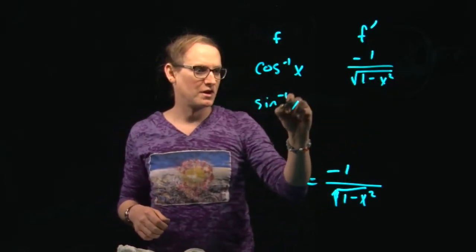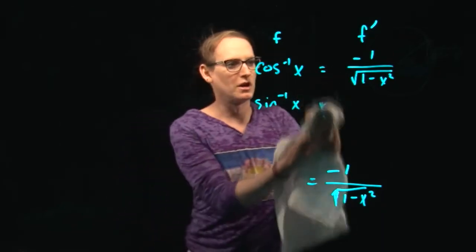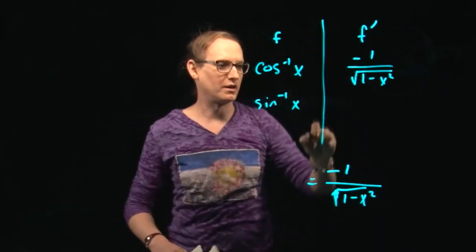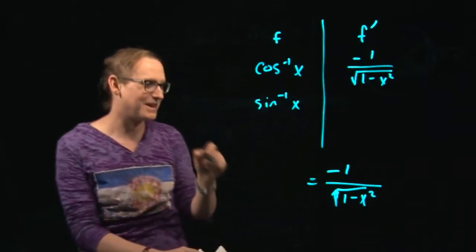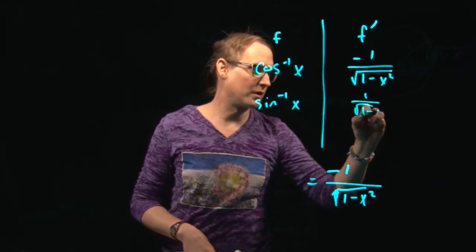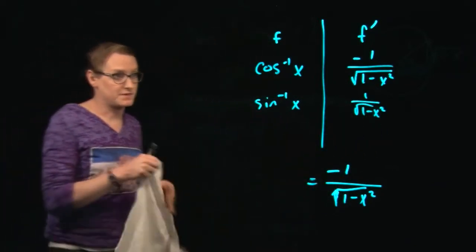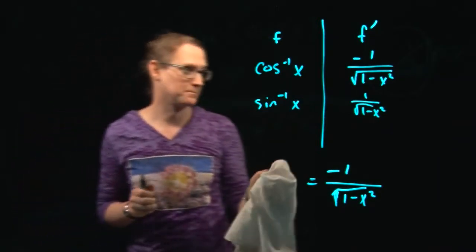Sine inverse of x goes to, nope, those are not equal to each other. I'm going to put a vertical bar so I don't, they're not equal. This one's 1 over the square root of 1 minus x squared, which is fascinating, so their derivatives differ only by a minus sign.